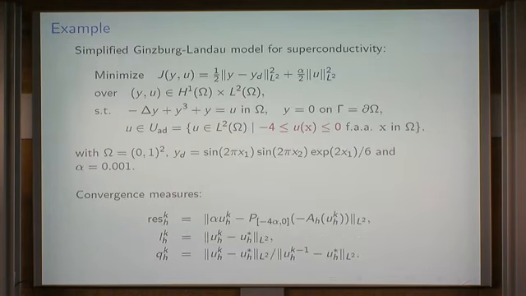Let's see what happens in a little test case. This is the well-known simplification of the nonlinearity coming from the Ginzburg-Landau model. We have a bilateral constraint on U, otherwise it's a semi-linear elliptic equation where the control acts on the right-hand side. It's a bit academic, but I just want to demonstrate the behavior of the algorithm. We have certain data here. We look at residuals.